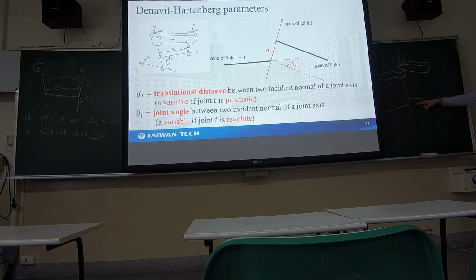The distance between these two link axes is d, and the angle will be theta.